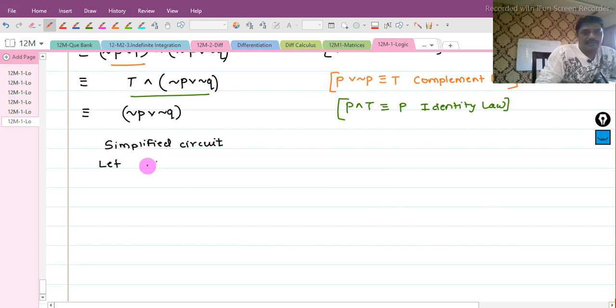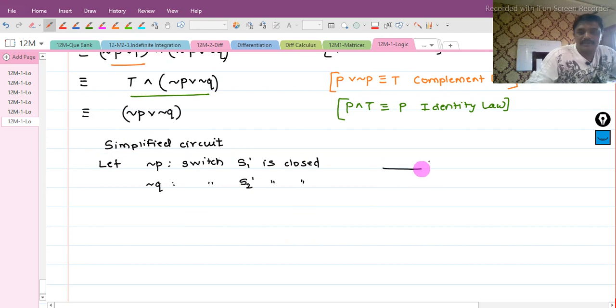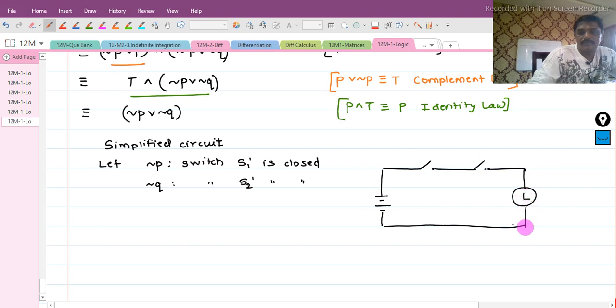So let negation p is switch s1 dash is closed and negation q switch s2 dash is closed. तो ये क्या बन जाएगा फिर? सर्किट इज गोइंग टू बी लाइक दिस. This is s1 dash and this is s2 dash.